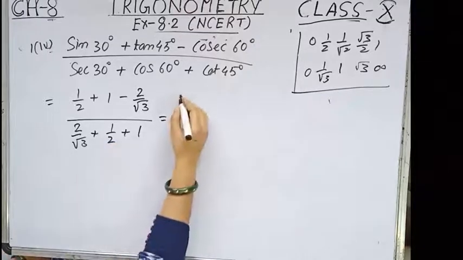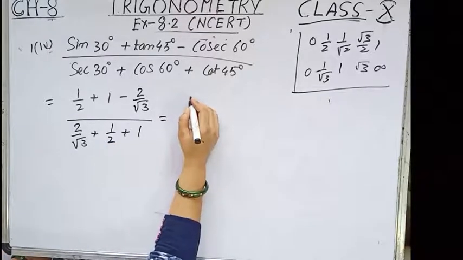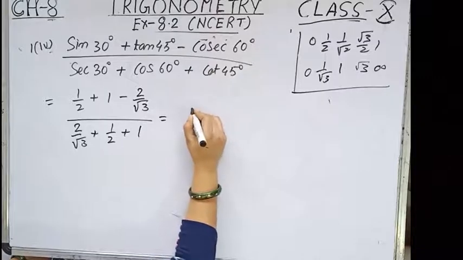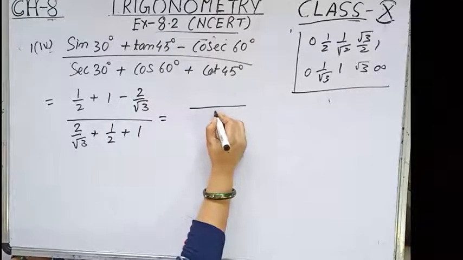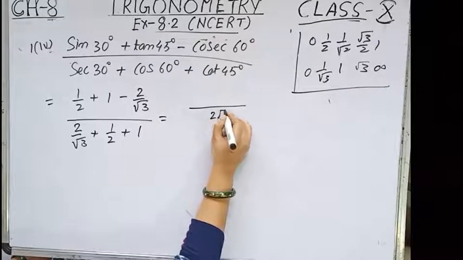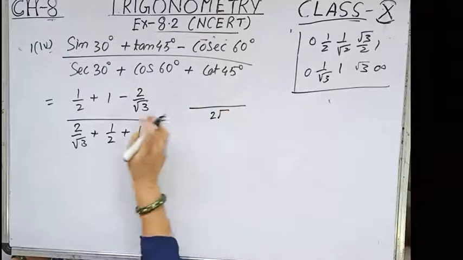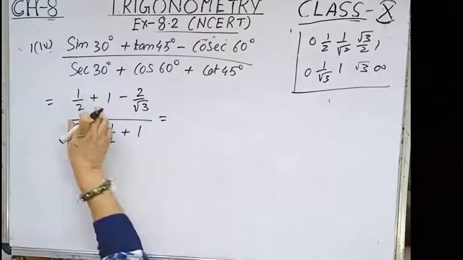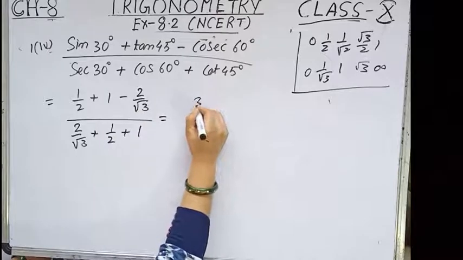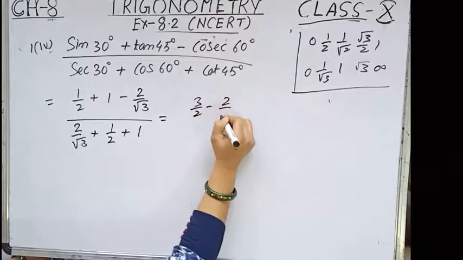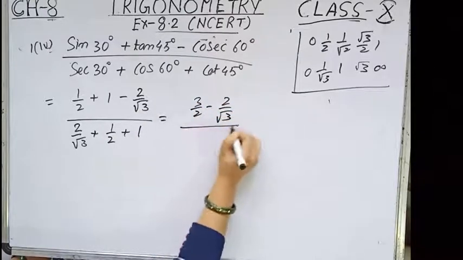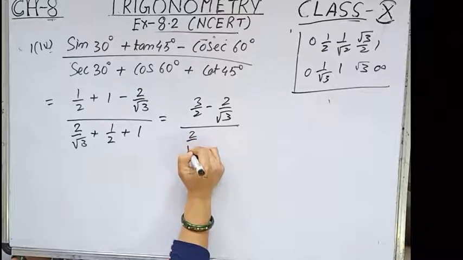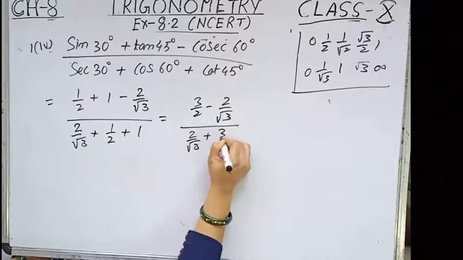So let us solve this further. This will be equal to, the LCM will be 2 root 3, or let us first solve these two. So this will be equal to 3 by 2 minus 2 by root 3, divided by 2 by root 3 plus 3 by 2.